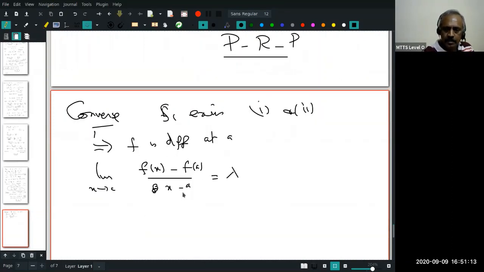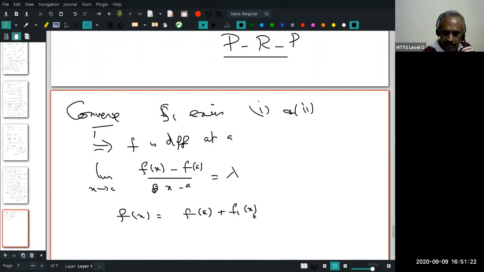Since f1 exists, what is f(x)? f(x) in terms of f1 is f of a plus f1 of x into x minus a. This is for all x, in particular for x not equal to a also. Do you understand that? Therefore, I can substitute this value of f(x) in this difference quotient.